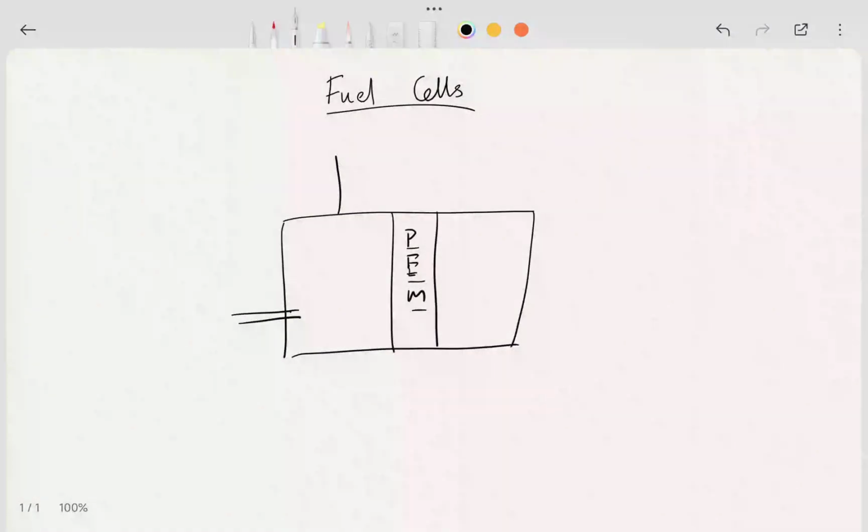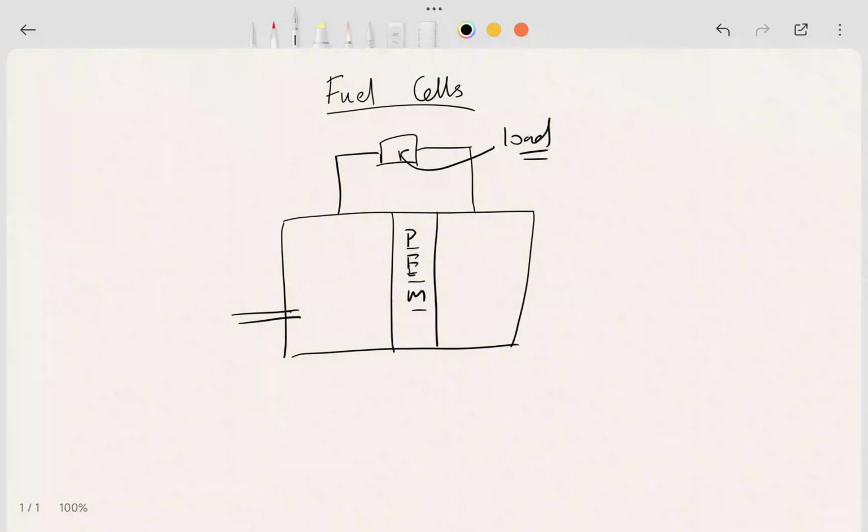You have two chambers separated by a thin membrane, and on top of the two chambers you have an electrical wire that connects them together, and it connects through, let's say, a load. We'll call this symbol a resistor, but in fact that's a load, right?